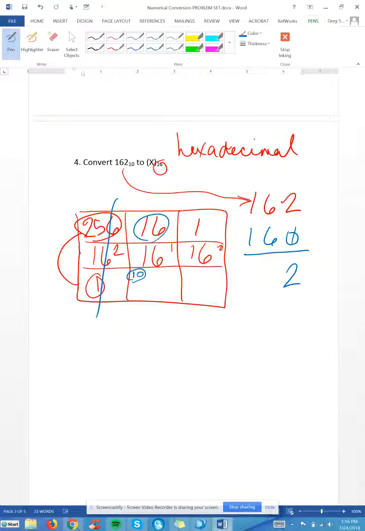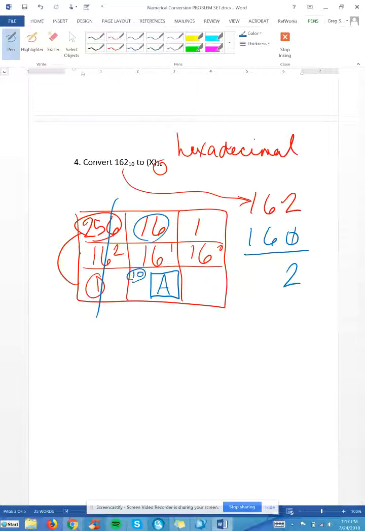Let's talk about that value 10 for a moment. What I'm looking for in this space right here in the column is a single value. 10 is 2 numbers, but the number 10 in the hexadecimal number system, from the notes in Module 1, is actually the letter A. That's what 10 is in hexadecimal.